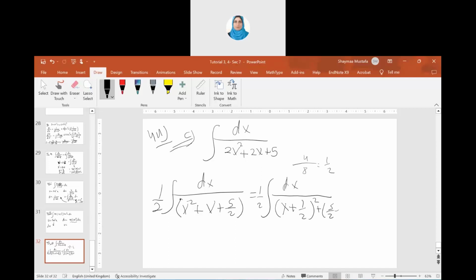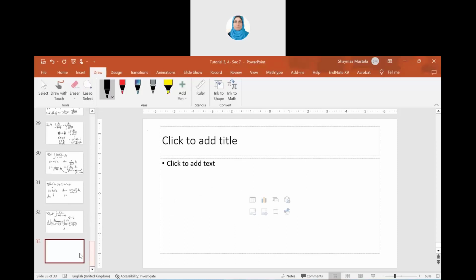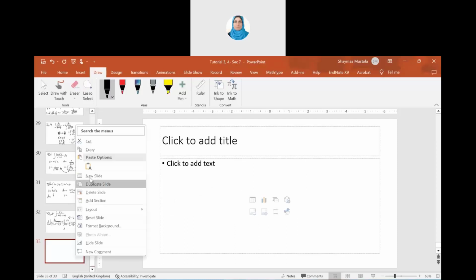Here plus 5 over 2 minus 1 over 4. Or you can complete the square directly from here and then go for the normal solution. This one's idea is completing the square. I just give some tips on how to solve. If you need more details on something that is not clear, you can contact me, it is okay.